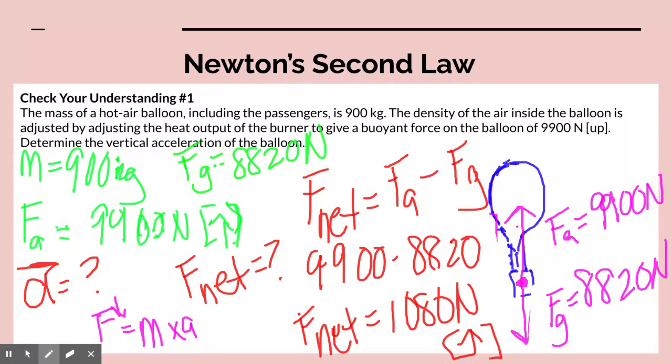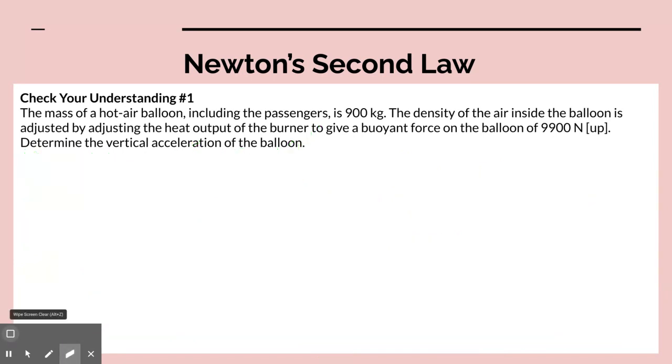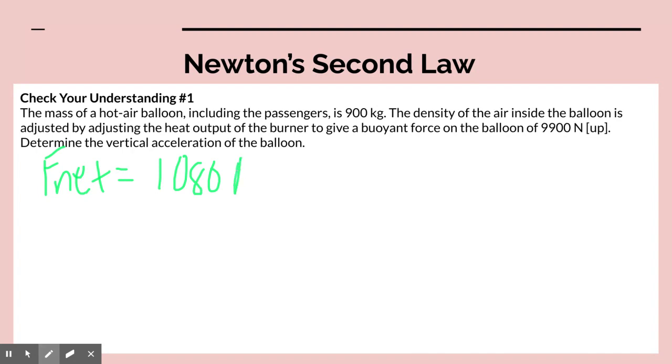Okay, I'm going to get rid of all of this and just keep what we need. So we've got our net force now, and our net force is equal to 1,080 newtons in the upward direction.